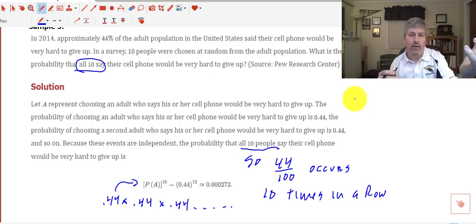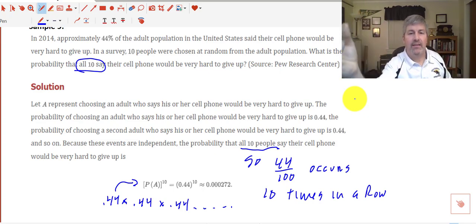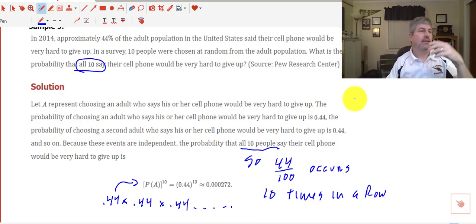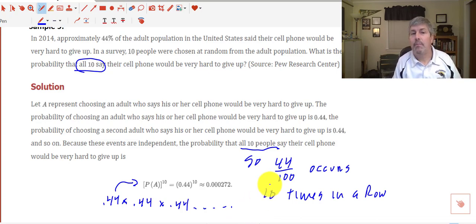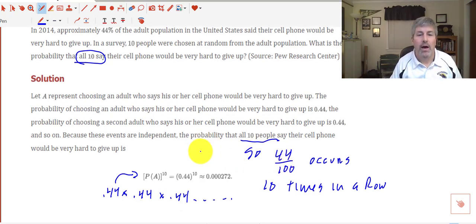Asking one adult is independent of asking the next adult, and that's independent of asking the next adult and the next adult. Really, if you're going to ask 10 adults, each one of those is an independent ask with a 44% chance of them saying, yes, it would be very hard to give up. Here at the bottom, you can see it's the probability of that occurring 10 times.